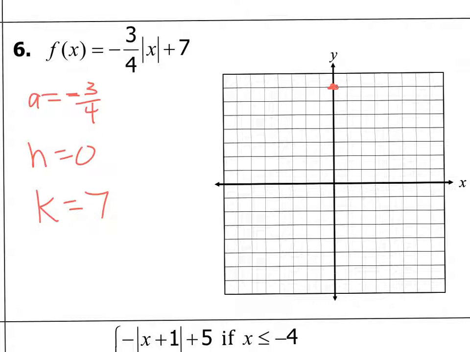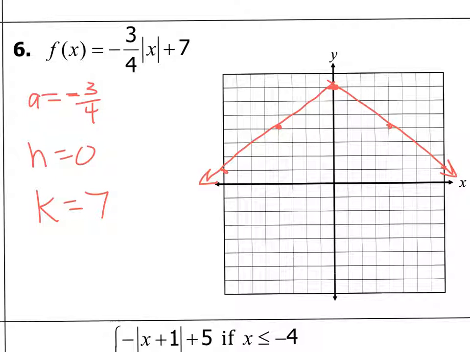which is right here, I do believe, 1, 2, 3, 4, 5, 6, 7. Okay, and now it's going to flip upside down because A is negative, but we're going to go down 3 over 4, and down 3 over 4. And so we can draw that side, and again we're going to go down 3 over 4, down 3 over 4, and we have the right side.